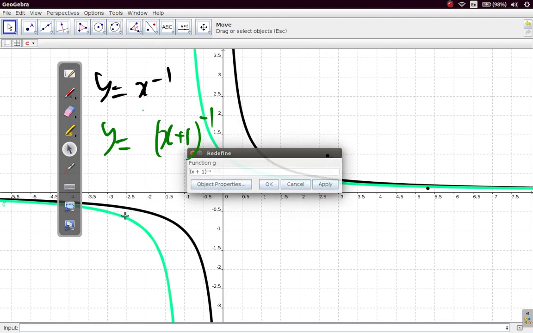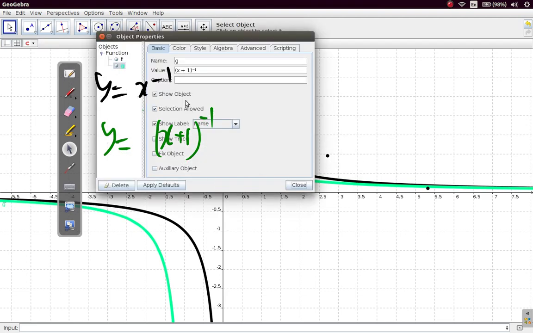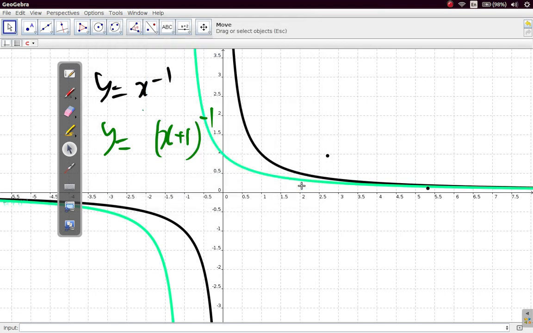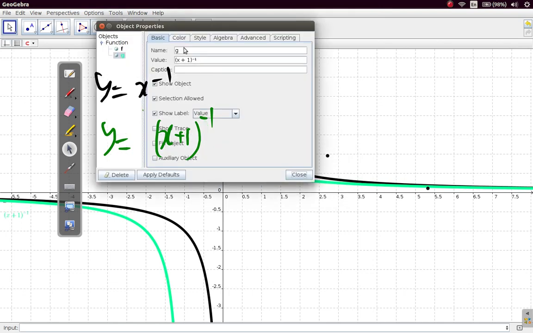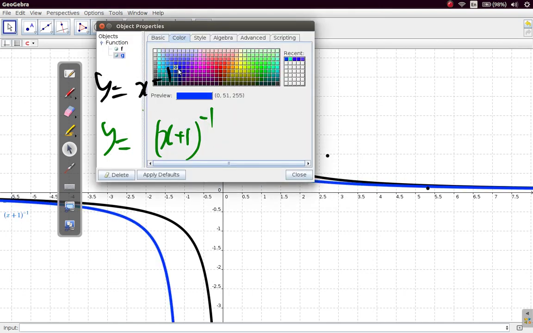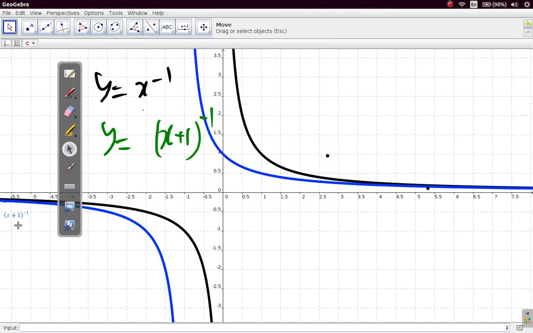And then the green graph. So the green graph is saying x plus 1 to the negative 1. It's kind of dull here. Let me change it to blue. It's darker. Alright. The blue graph is x plus 1 to the negative 1.